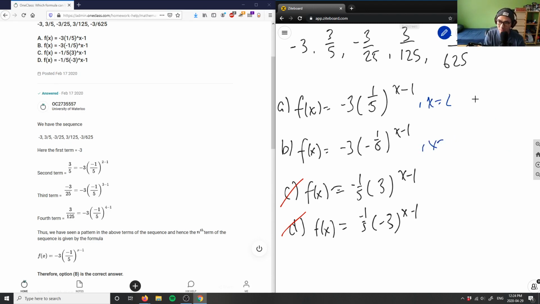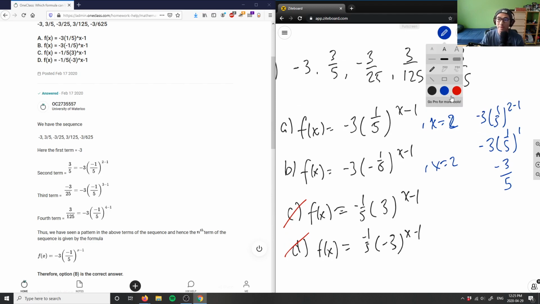So x equals 2 would give me negative 3 times 1/5 to the power of 2 minus 1. Negative 3 times 1/5 to the power of 1 here. And then we get negative 3 times 1/5, so it would be negative 3 over 5 instead of positive 3 over 5. Which means A here is wrong and B here is correct. So this is my fault, sorry. Simply, if I subbed in 2 here, I would get negative 3/5, which is not in the series.